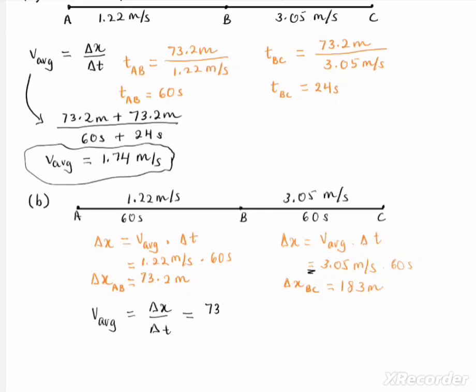So we have 73.2 plus 183 meters over the total time, which is 60 seconds plus 60 seconds. That gives us V average equals 2.1 meters per second.